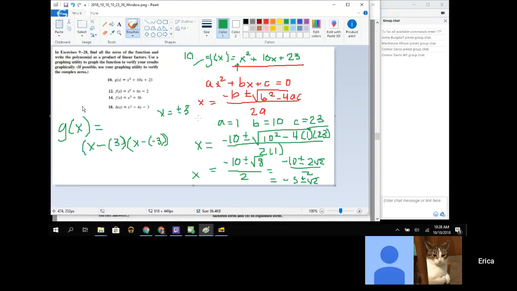But I don't have a nice easy answer like 3. I have that x equals negative 5 plus or minus the square root of 2. So unfortunately, I have to write that instead, but we're just plugging in that number.